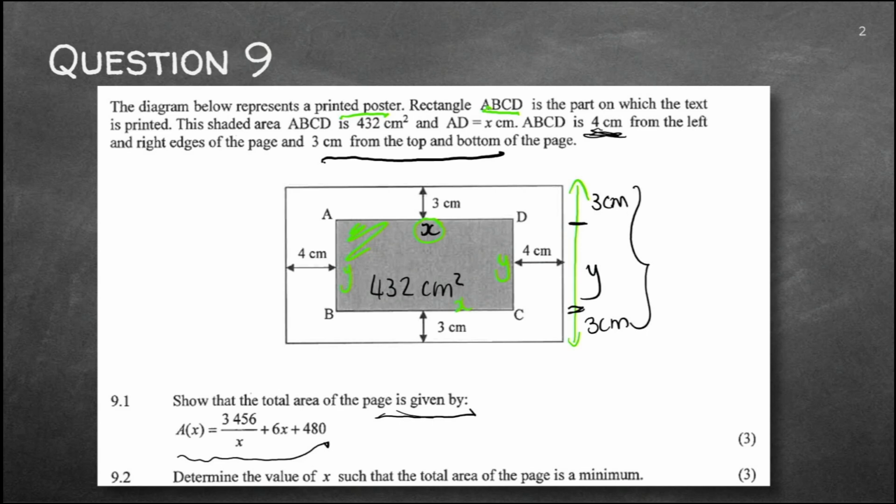So this would give me my total length of Y plus 3 centimeters. Then if I do exactly the same across, again it would be X, 4 and 4. So it's X plus 4 centimeters.